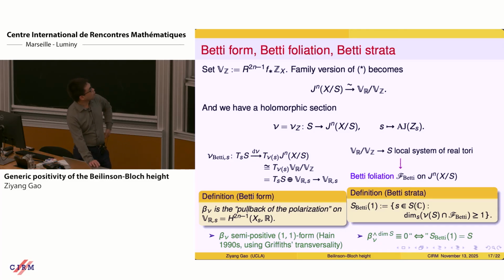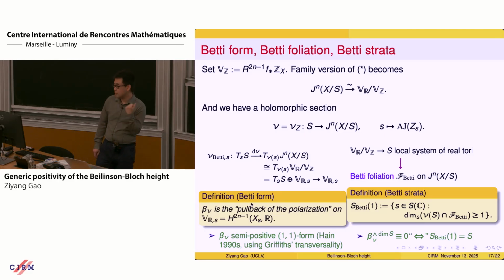And now I'm going to define this Betti form. I'm not going to give an actual definition, but it's just the pullback of some two-form here. This two-form is given by a polarization, and the pullback is a two-form. And Hain proved that this is actually a (1,1)-form which is semi-positive.